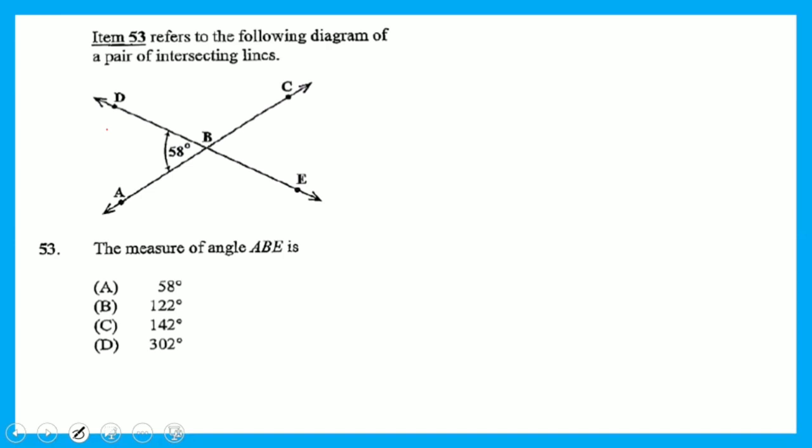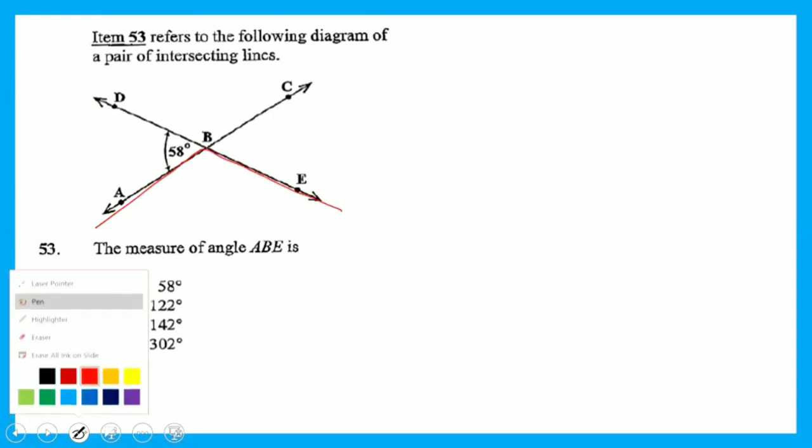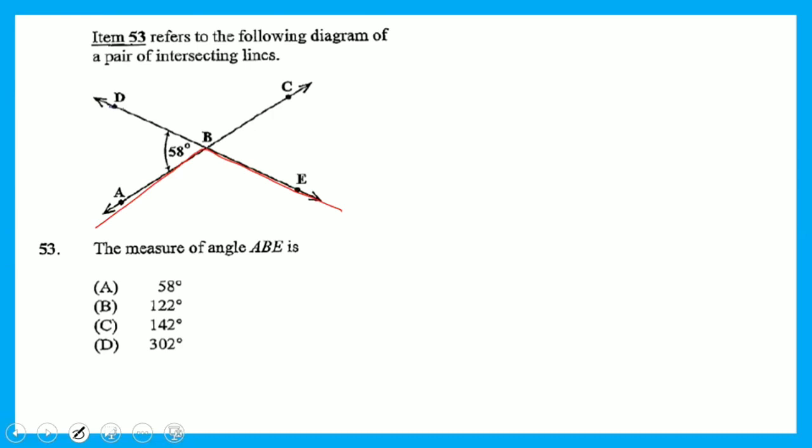We have a pair of intersecting lines here, and we are asked to find the measure of angle ABE. If we notice, DBA, that's this angle here, we're given 58 degrees, and ABE, the one we want, they're both sitting on a straight line, and so we know that those two angles should add up to 180 degrees.